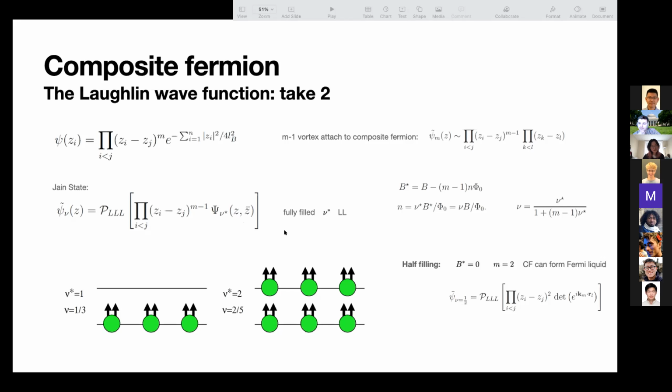Okay, but that follows from the Hamiltonian or something? That boils down to, first of all, the energy scale in our problem: the Coulomb energy is much less than the Landau level splitting.